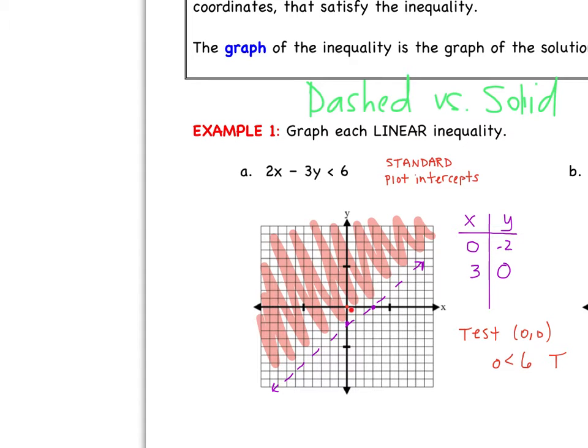When I plug in 0 for x and 0 for y, I end up with 0 is less than 6, which is a true statement. So I'm going to shade in the direction of this point according to my line. I'm going to shade up here, and there is our solution set for this inequality. I could pick any ordered pair within this shaded region and it would satisfy our inequality.